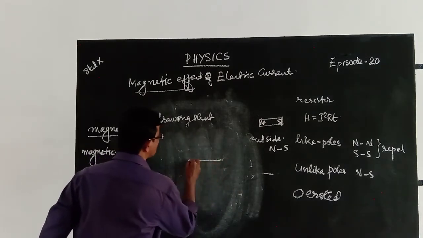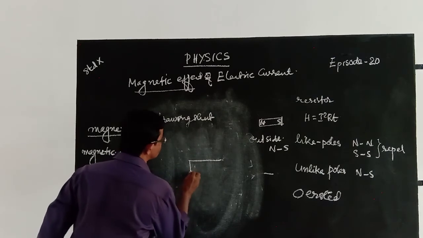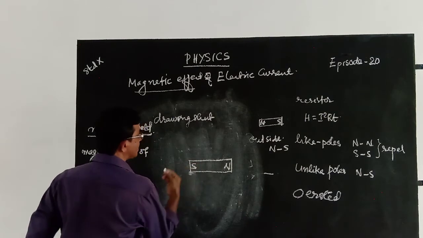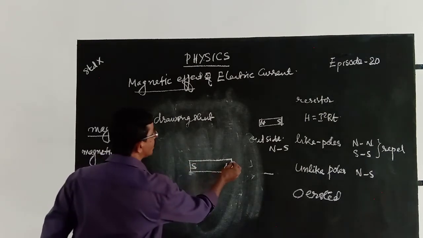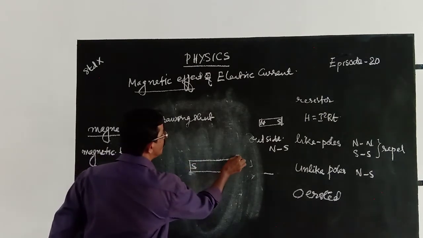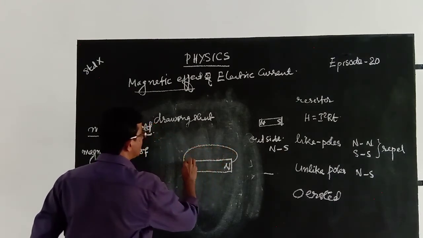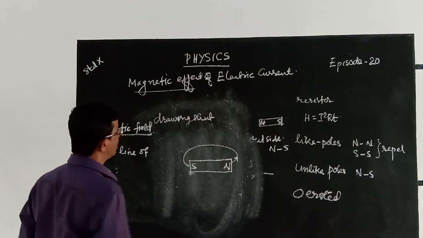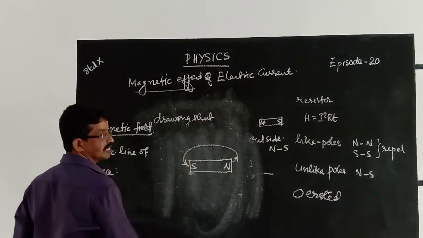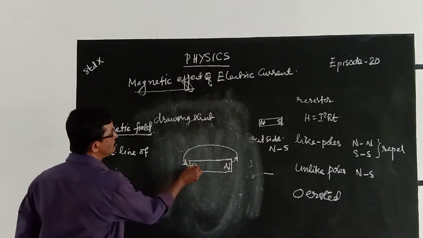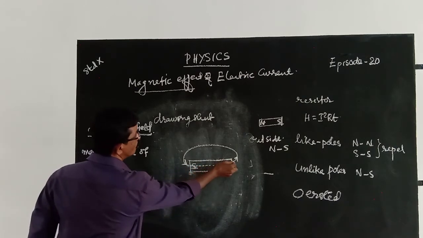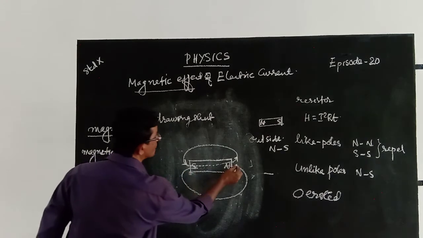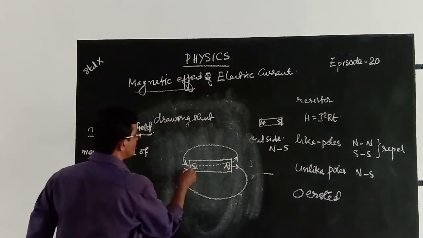See, this is a bar magnet. If this is the north and this is the south, the magnetic lines originate from north and go to south. That means the arrow marks come out from north, and at the south they go in, and inside it goes from south to north. In this way, you can draw a number of lines of force by using a compass.